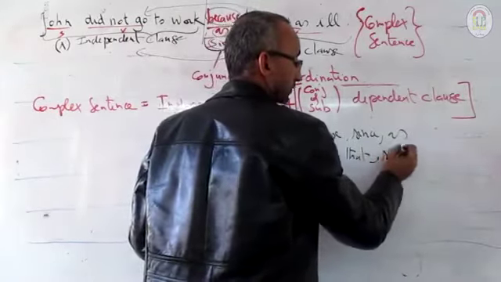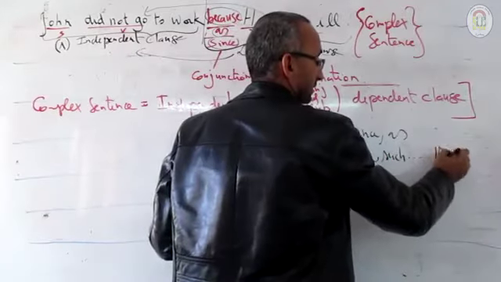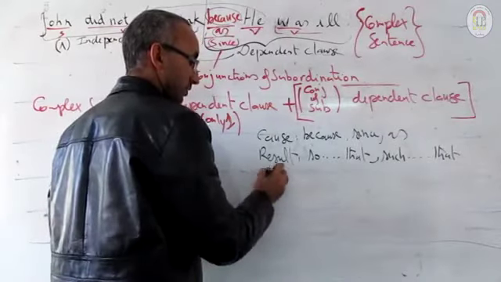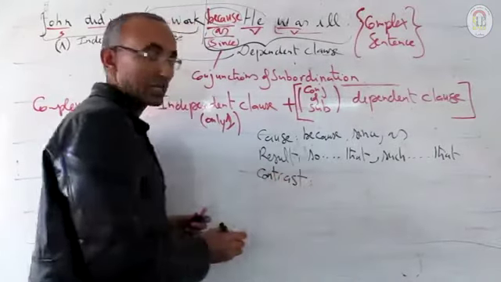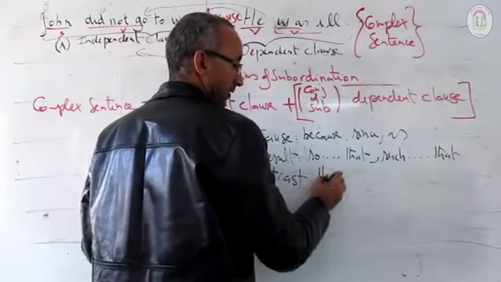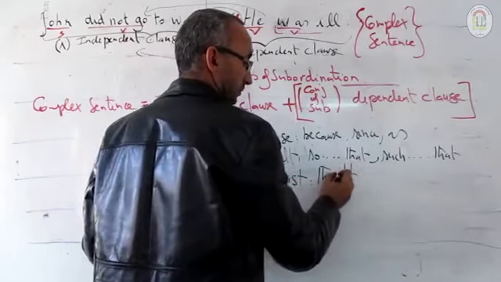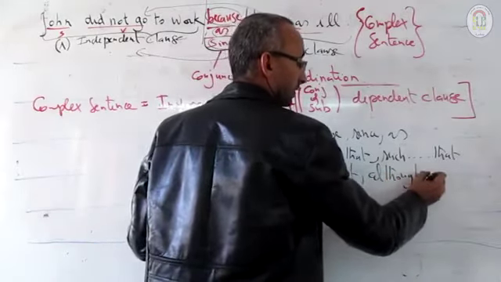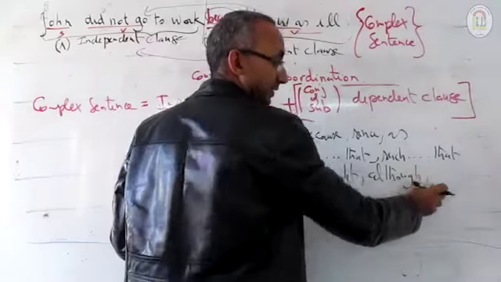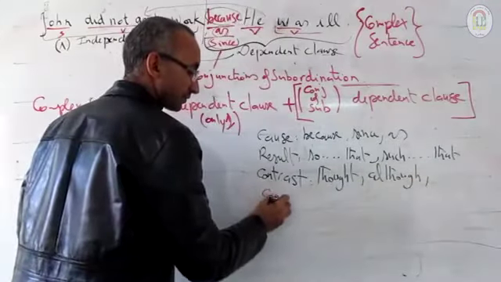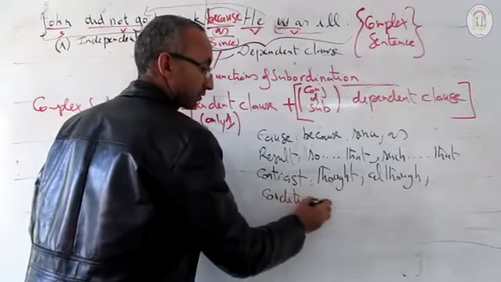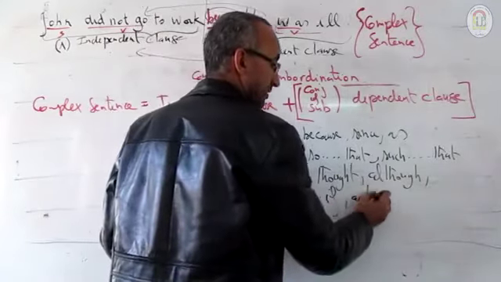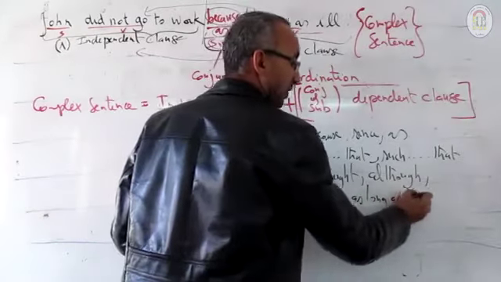Also such plus noun phrase plus that. Alright, we have those of contrast and concession like though, although, despite the fact that, and so on. We have those of condition, like if, like as long as, like providing.